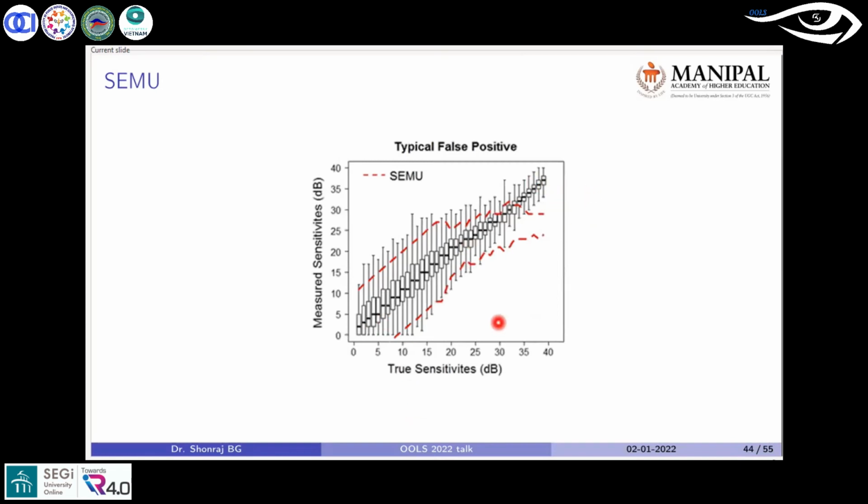Now, the boxes are full threshold, your test-retest variability, and whatever is marked in red is the CMU test algorithm's accuracy, or variability, to be honest. If you look at this, the CMU algorithm's variability is a little bit lesser compared to the two threshold algorithms' variability.